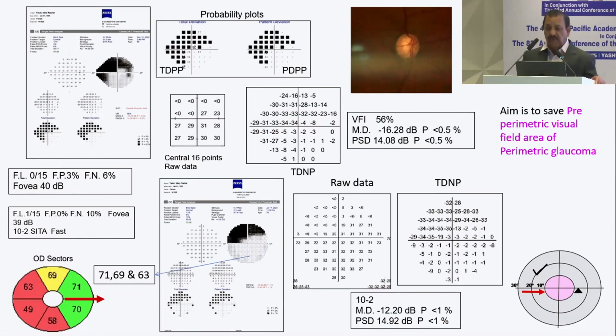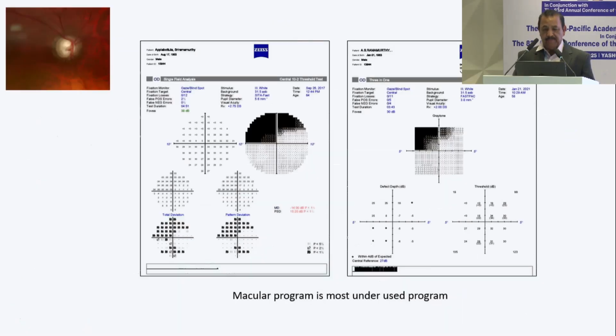So we have to go for trabeculectomy to keep the pressures very low to save the eye. Normally, when you see 10-2 in this case, for progression analysis you need not go again for 10-2. You can go for a macular test, because you have to know how the maculopapular bundle area is assessed. You can go straight away to the macular program with size 3, which is most underused.